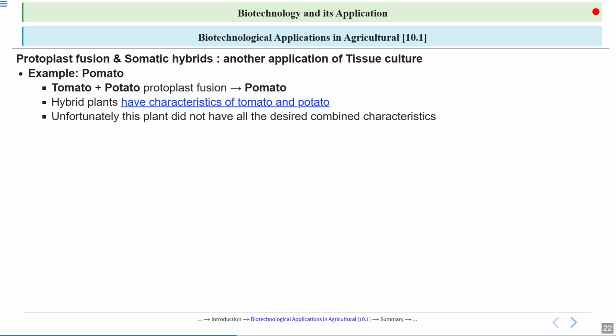But unfortunately, this plant did not have all the desired combined characteristics. We had thought it would yield like this, it would be like this, but it didn't turn out that way. That lack of characteristics did not allow scientists to use it for commercial utilization.